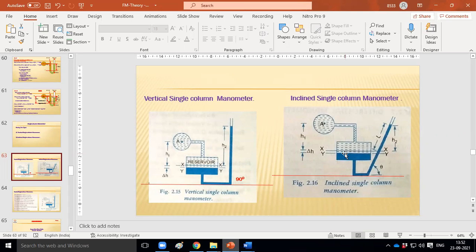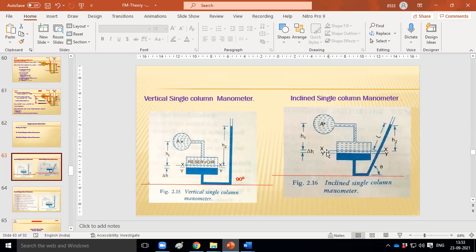Up to which incline height does the mercury level go up? L. L is the incline height, and H2 is the vertical height of mercury that goes up in the right limb. This is the vertical height, and this is the incline height.